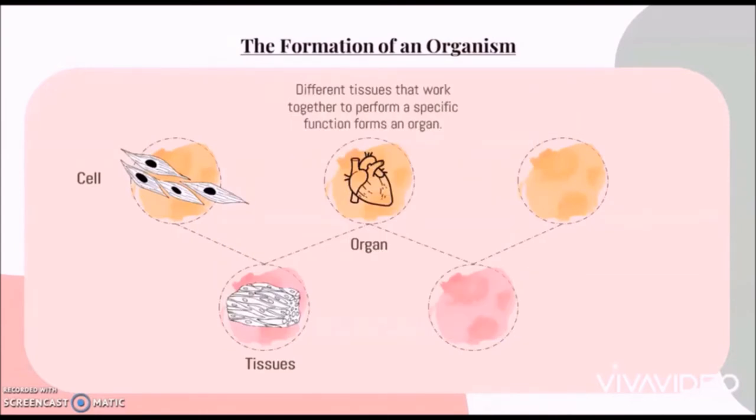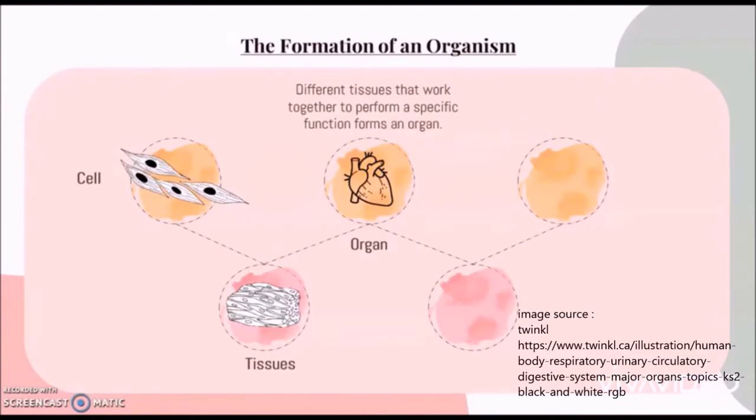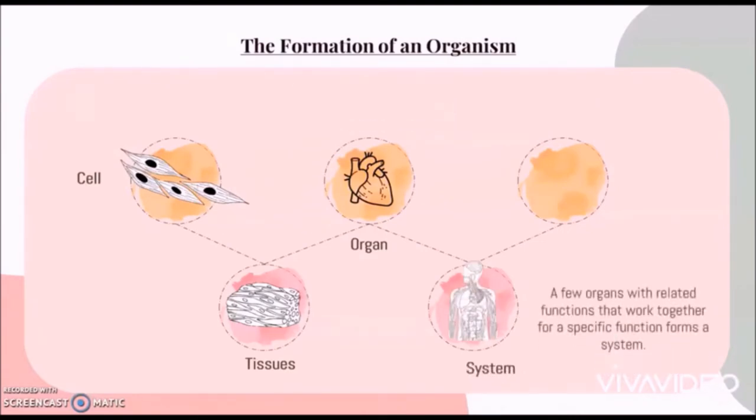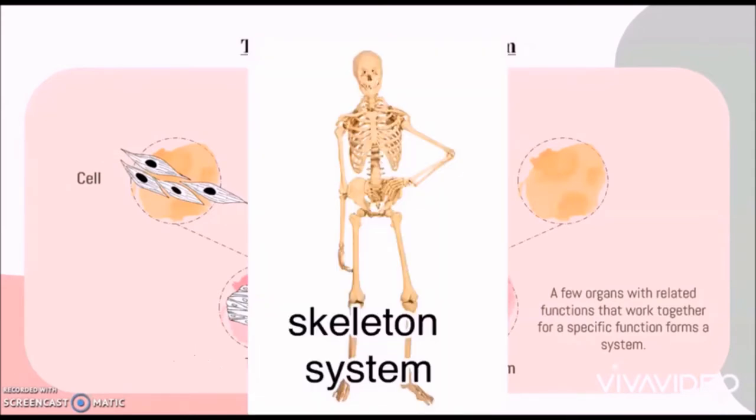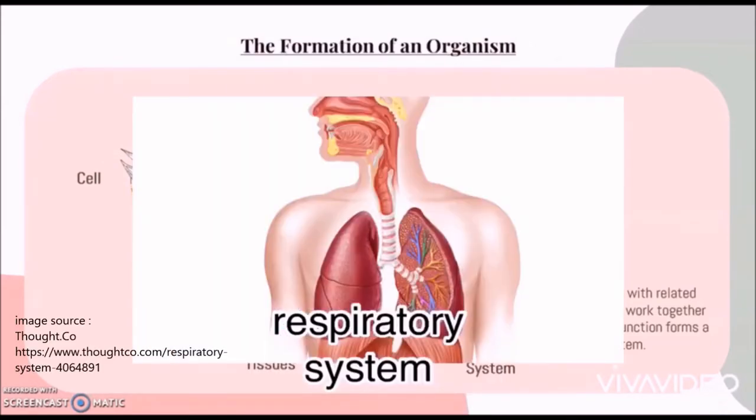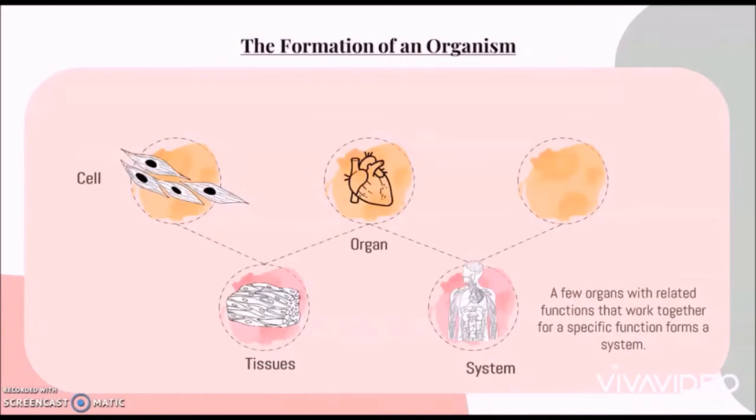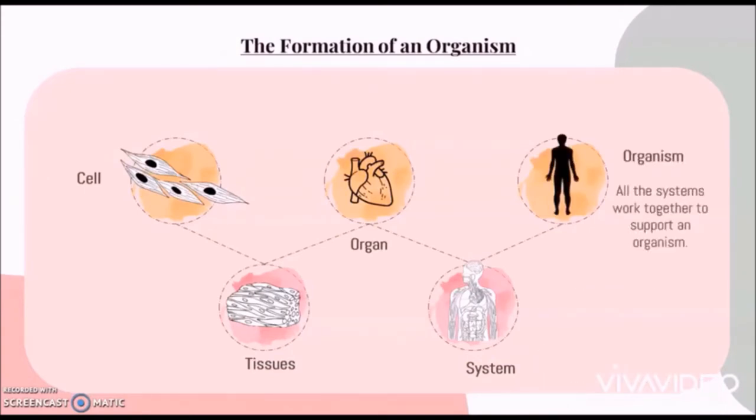In a multicellular organism such as a human, several organs work together to form a system. For example, the circulatory system consists of organs such as the heart and blood vessels. Other systems in the human body are the skeletal system, muscular system, and respiratory system. And all systems work together to make up an organism.